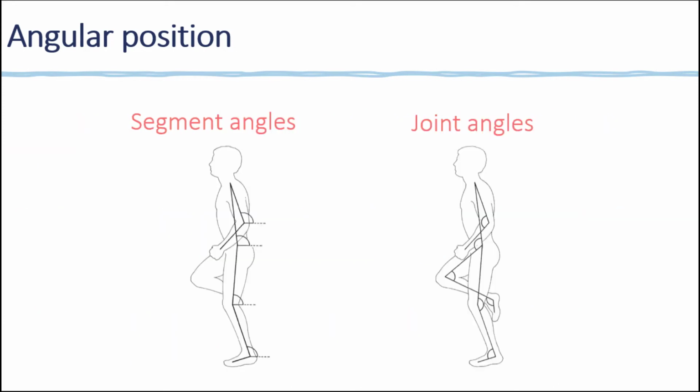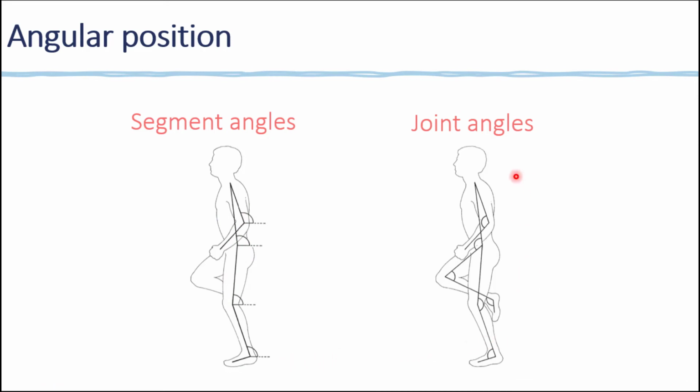So here's a visual comparison of segment versus joint angles. On the left, you see that each angle is formed between one segment, for example, your upper arm and this imaginary horizontal line. So these are called segment angles because the angles are formed by one segment and an imaginary line that is fixed and immovable.